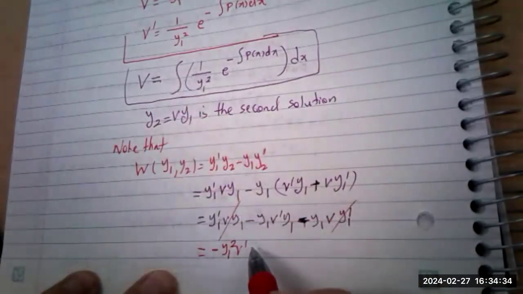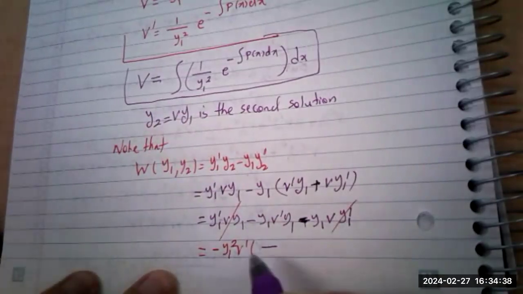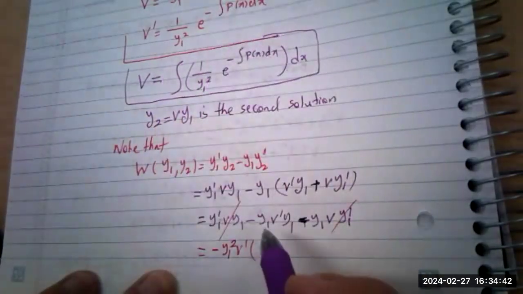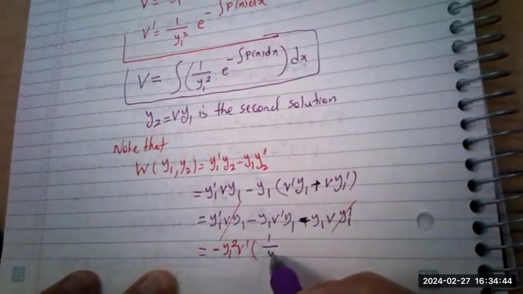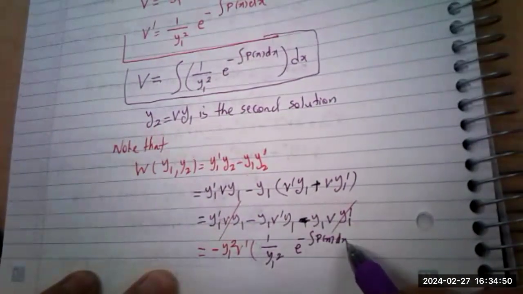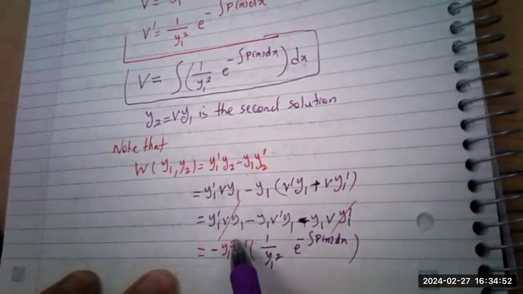So you already got the v prime here: 1 over y1 squared e to the negative integral of p(x) dx. So these two would be canceled out.